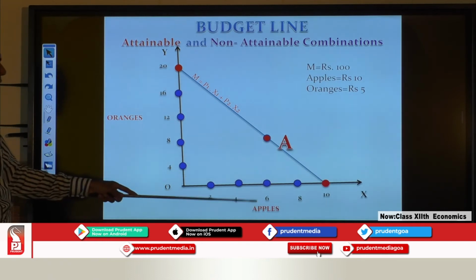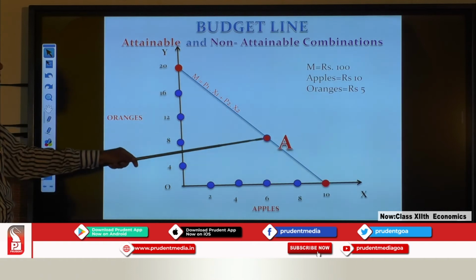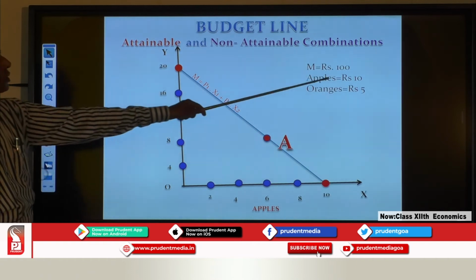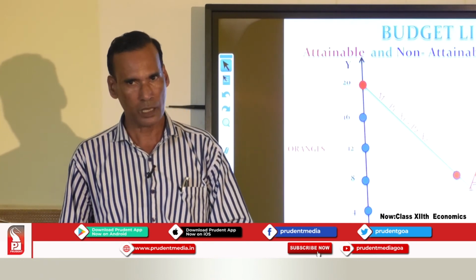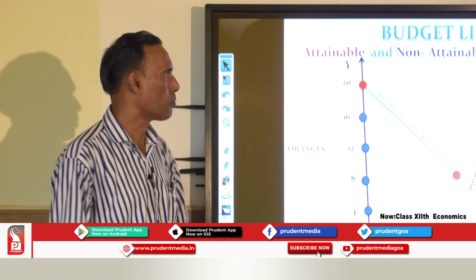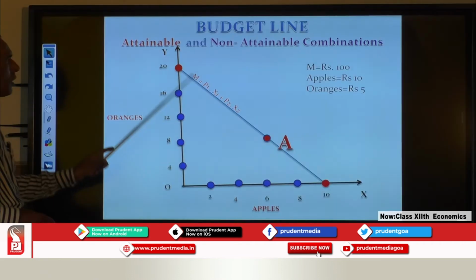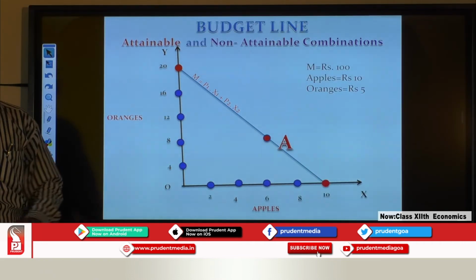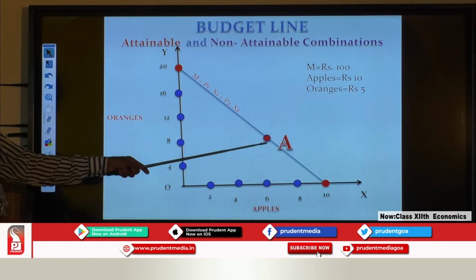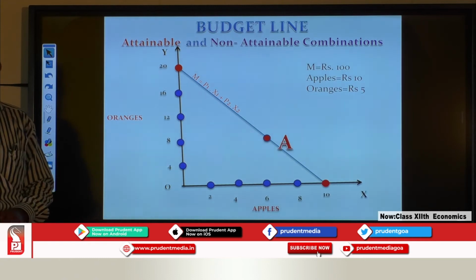So, 60 and 40, 100 rupees. So, the full amount or the income is utilized by the consumer. So, the budget line indicates all those combinations which are equal to the income, and they are called attainable combinations.